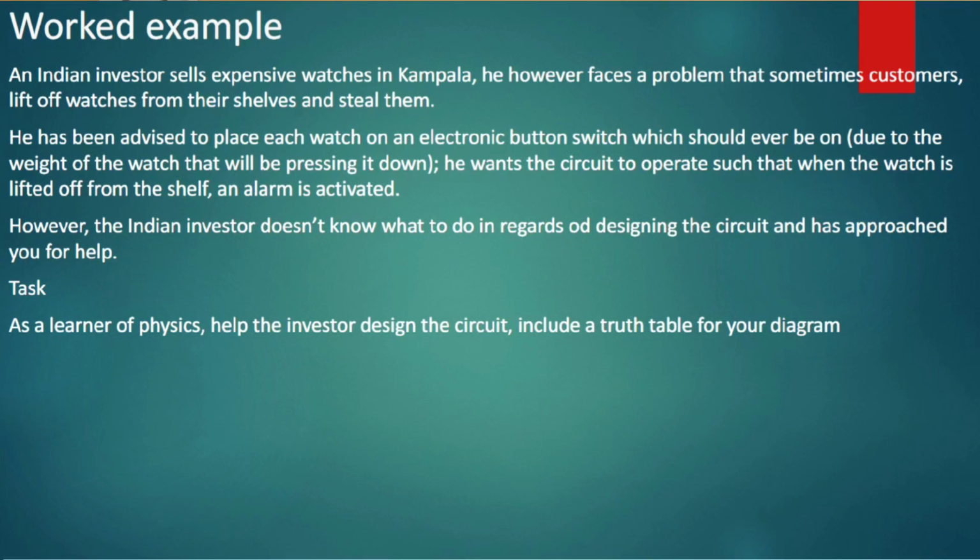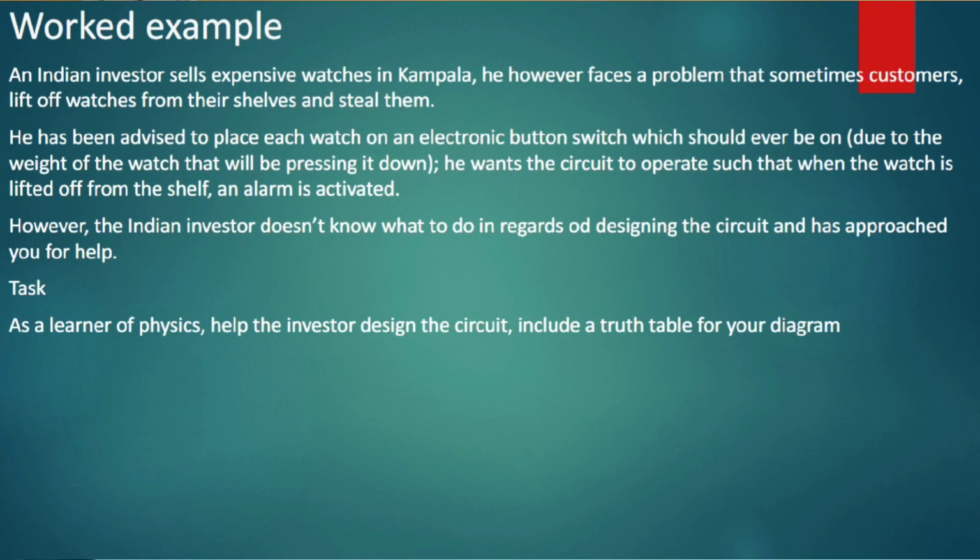The question says, an Indian investor sells expensive watches in Kampala. He, however, faces a problem that sometimes customers lift watches from their shelves and steal them. He has been advised to place each watch on an electronic button switch, which should ever be on, due to the weight of the watch pressing it down.